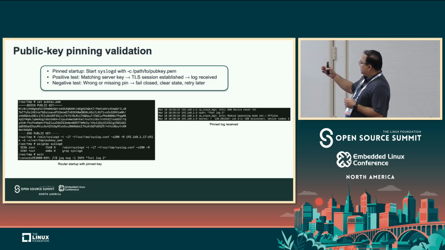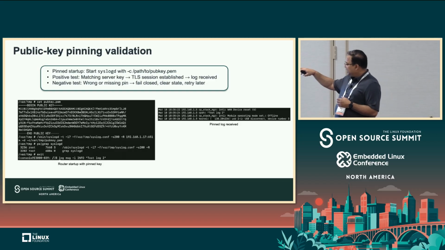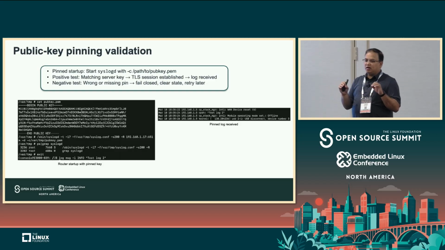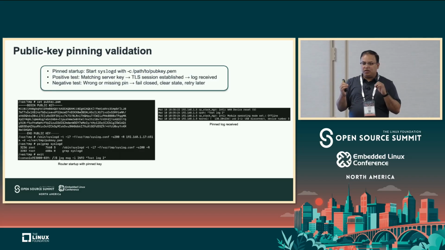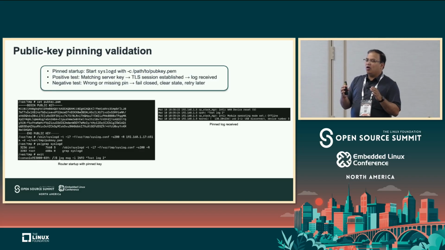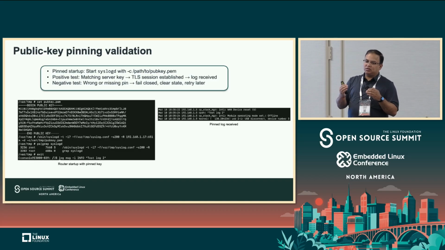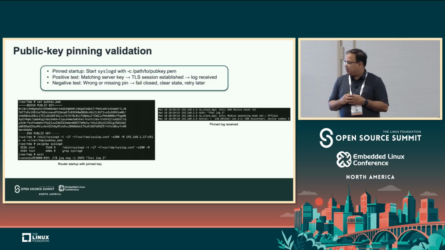Then we showcase an example of public key pinning. Here I have the public key file present in the router. While building you can provide the public key file, or once your router is up you can just copy and paste the public key file in PEM format.